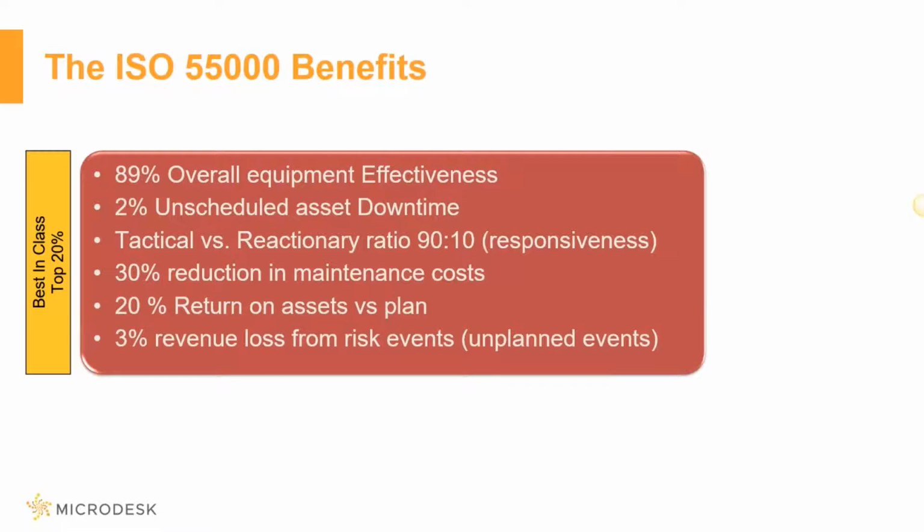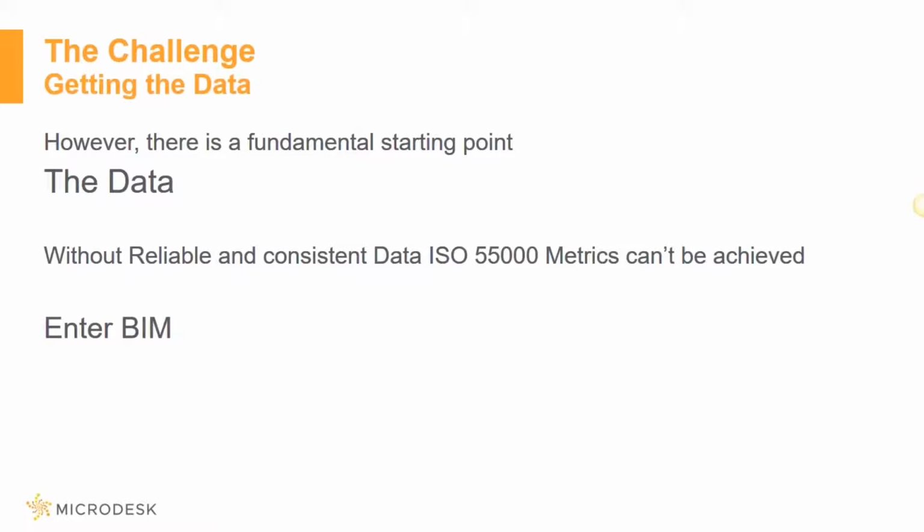So this is really where we start to get into how do we achieve these goals. If you want to become an organization that achieves the numbers like we saw before, then really the fundamental starting point of all of this is the data.